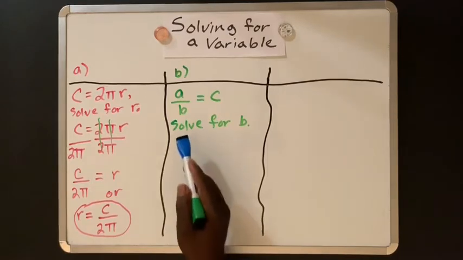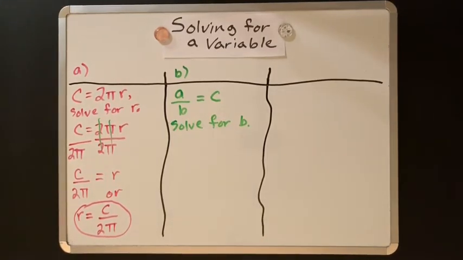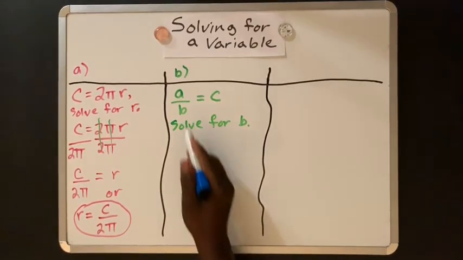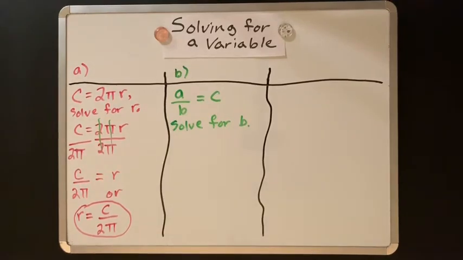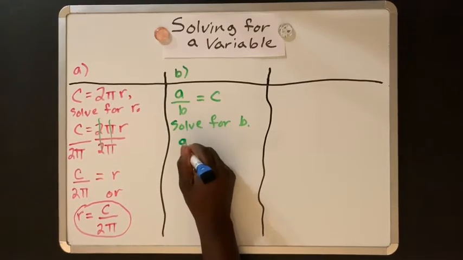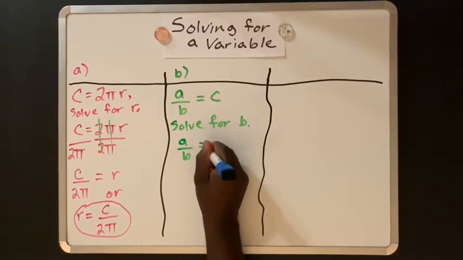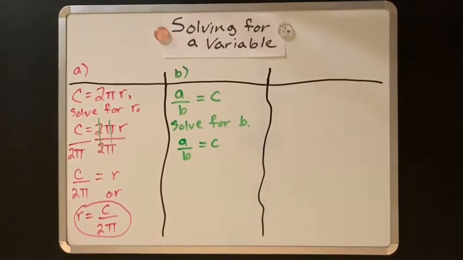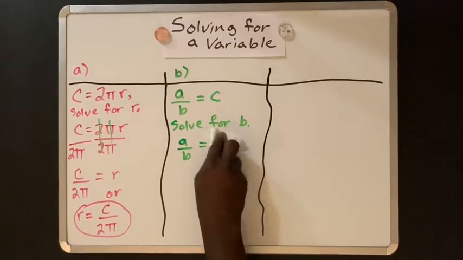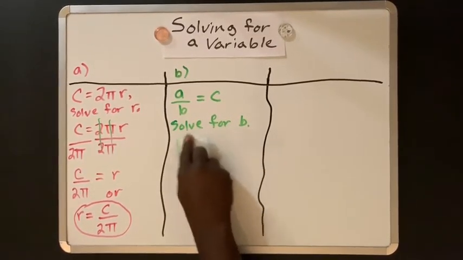So when you get a problem like this, where you have to solve for the variable in the denominator, this is what you do. So I'm going to copy the problem again. A over B equals C. Well, I need a little more space, so let me move that a little bit further to the right.